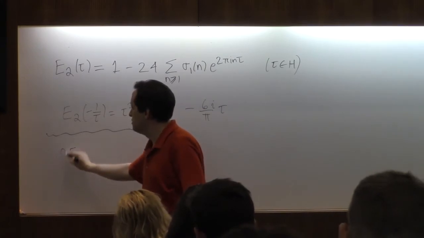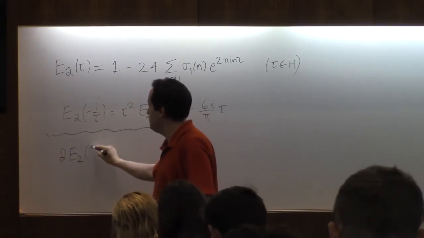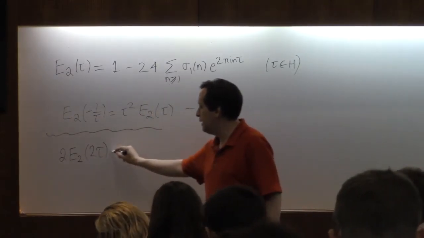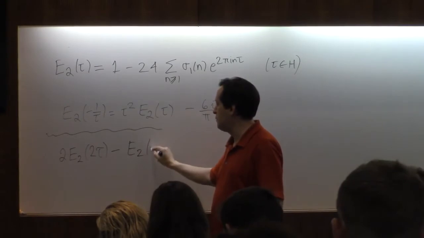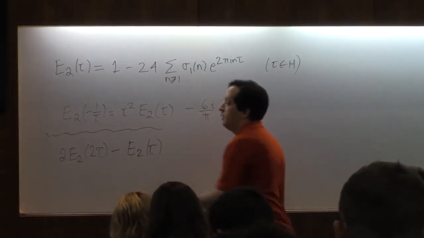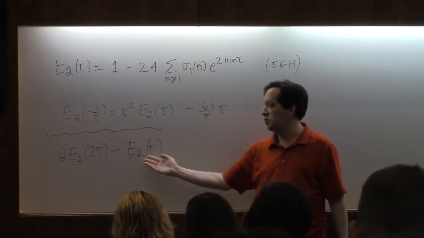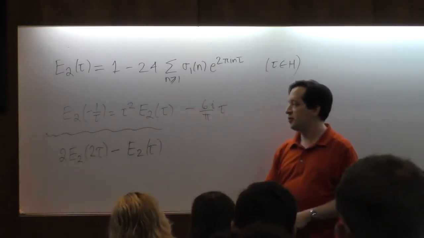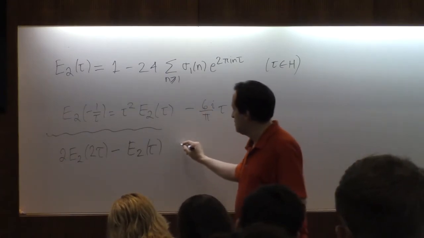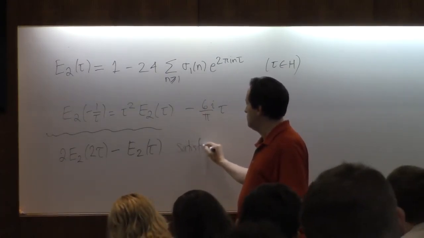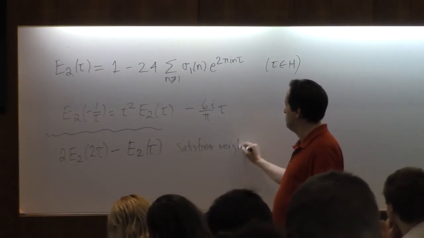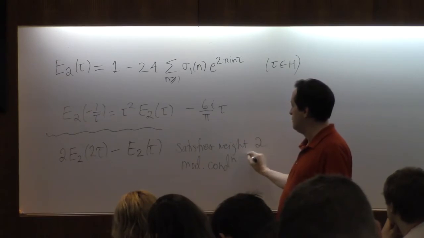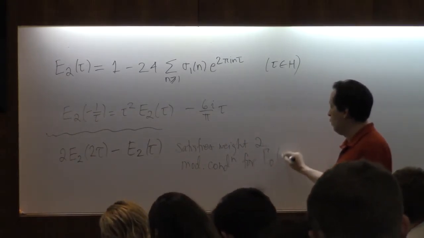But an alternative, and I had mentioned this is what brought up modular forms for subgroups, was if you take 2E2 of 2 tau, and you subtract E2 of tau from it, this is another function that, in some sense, transforms like this with some funny correction factor, but when you subtract them, the correction factor disappears, and so this satisfies the weight 2 modularity condition, not for all of SL2Z.